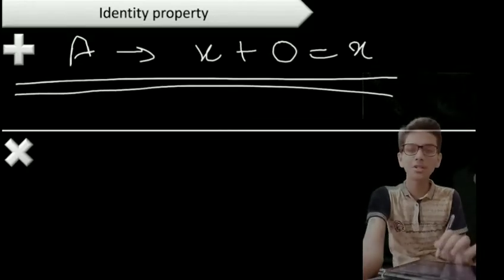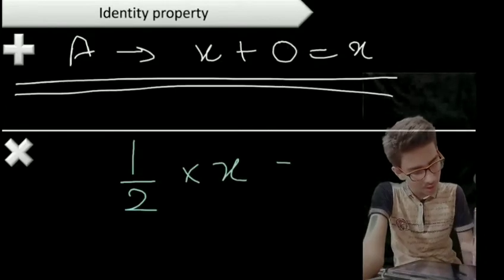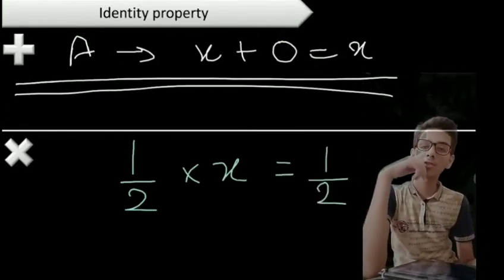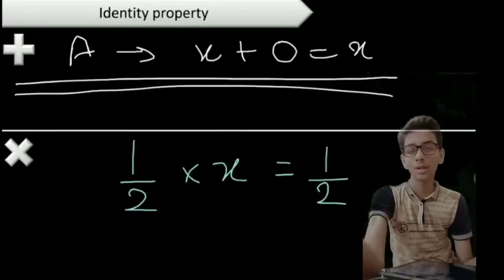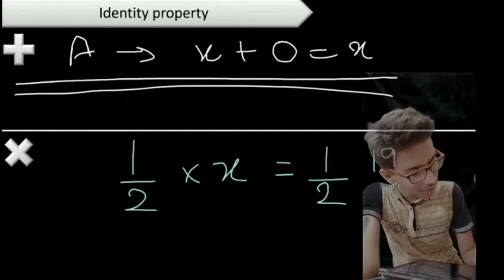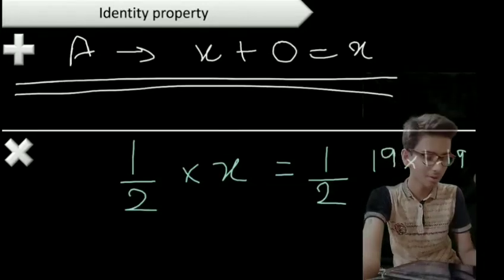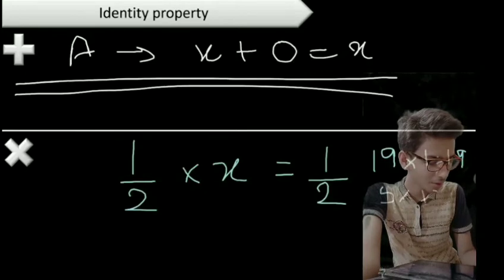Let's see for multiplication. For multiplication, you multiply a number such that it gives you the same number. Can you speak the table of 19? Yeah, you will find that 19 into 1 is 19. If you say the table of 5, 5 into 1 will give you 5.